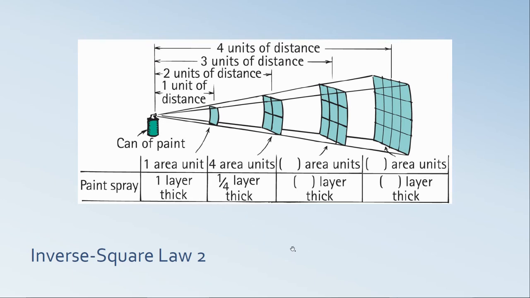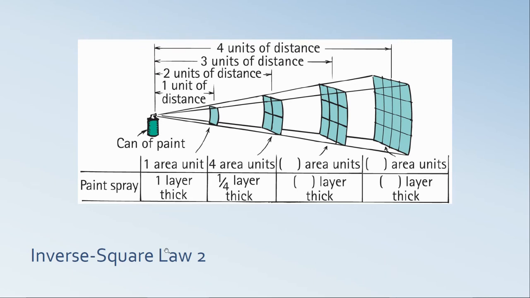Okay? So as we've doubled the distance, the force goes as the inverse of the distance squared. So if we go 2 units of distance, we square that, 4, so we know it's 1/4 as thick.